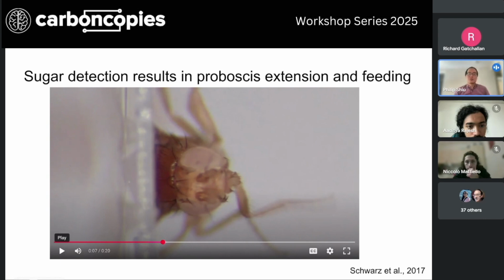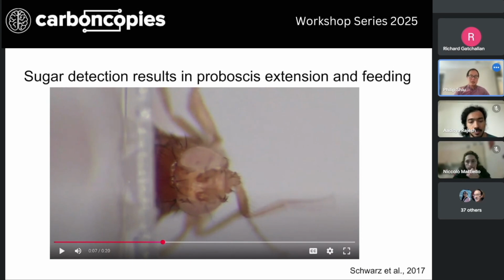Basically, sugar detection results in proboscis extension and feeding. So we took advantage of this fairly simple behavior, and this was something that I had been studying before this, and people in the lab, and it's been reasonably well characterized.